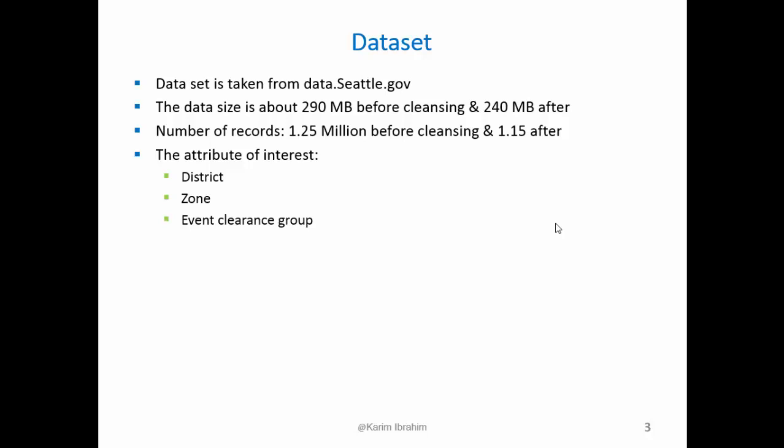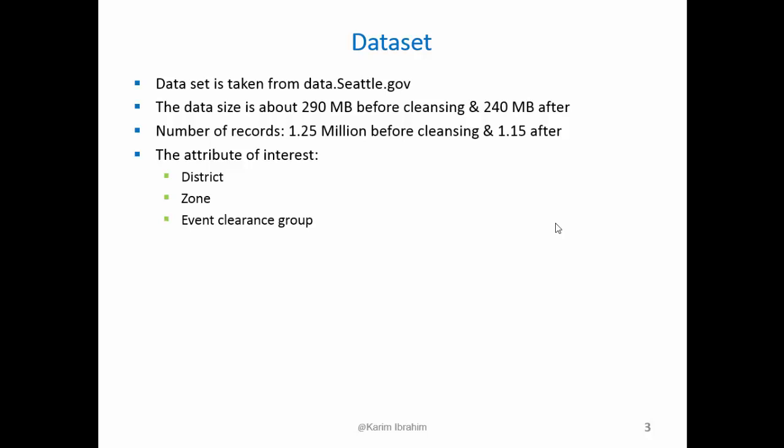The data set I got from data.seattle.gov. Its size is 290 megabytes before cleansing, and after cleansing and removing the rubbish data we got about 240 megabytes, and it turned out to be almost 1.15 million records. The attributes I focused on are the district and zone and the event clearance group.